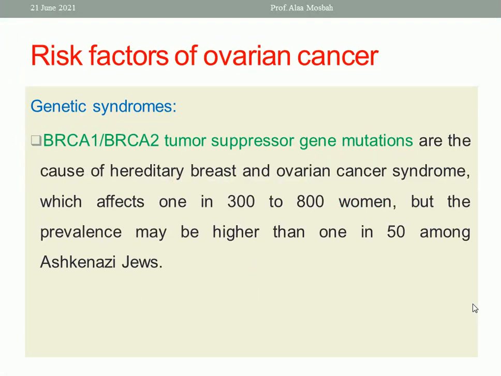BRCA1 and 2 gene mutations are the cause of hereditary breast and ovarian cancer syndrome, which affects 1 in 300 to 800 women. As we mentioned before, the prevalence may be higher than 1 in 50 among Ashkenazi Jews.